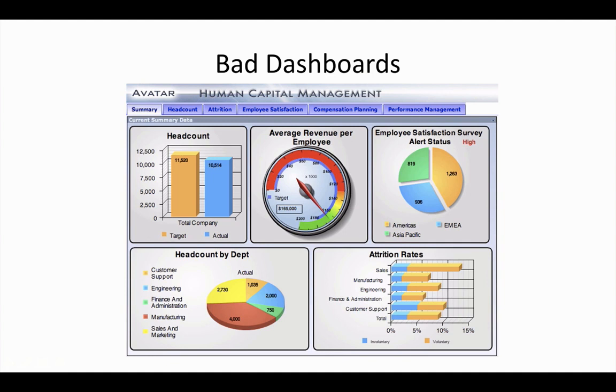I'll let you pause the video to take a look at it. Okay, 3, 2, 1. So there's a lot of issues with this dashboard, but I'd like you to focus right now on the colors that are used.